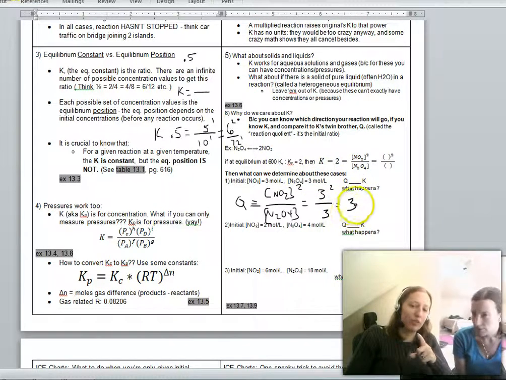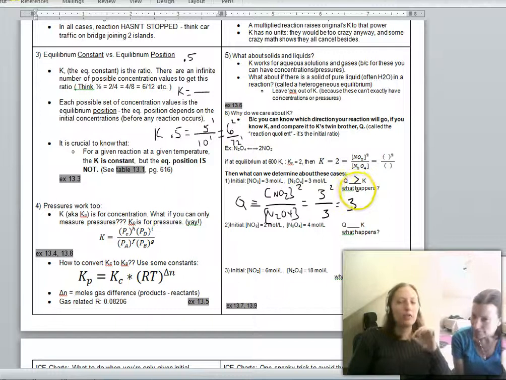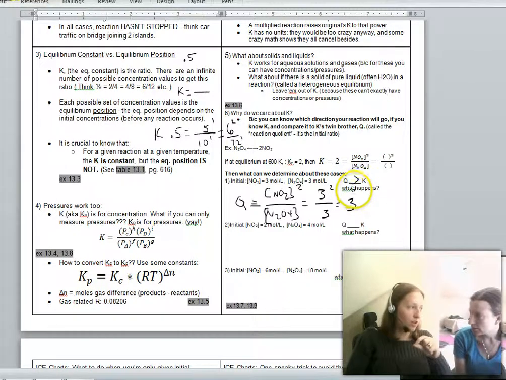When you have this answer 3 and you compare it to 2, Q is greater than K. If Q is greater than K, and you have to think about fractiony things here, that means that in this Q expression, the top is too big. That means we need less top. Top is products.